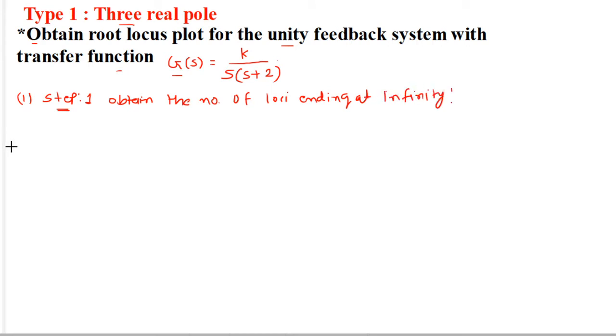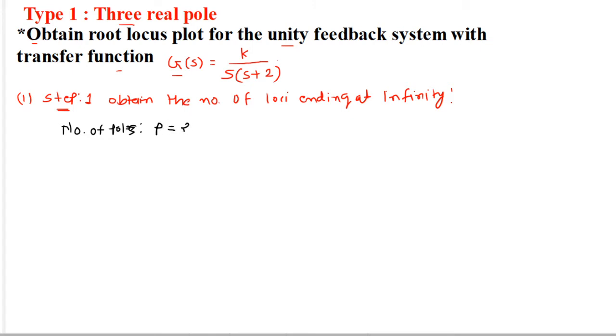For that, we first calculate the number of poles and zeros. We know that in the numerator we find zeros and in the denominator we find poles. Here the number of poles is 2.